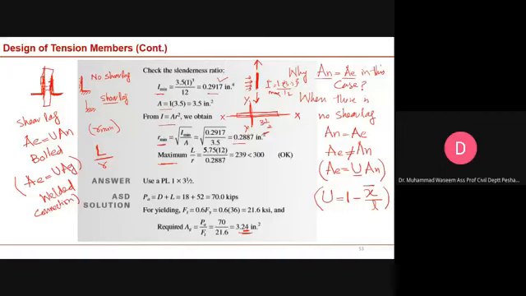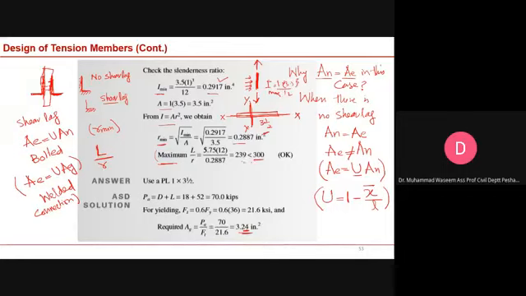You have to check. Once you have the least radius of gyration, you also have the length of the member. You can put this value in this equation and check whether you are getting a number less than 300.